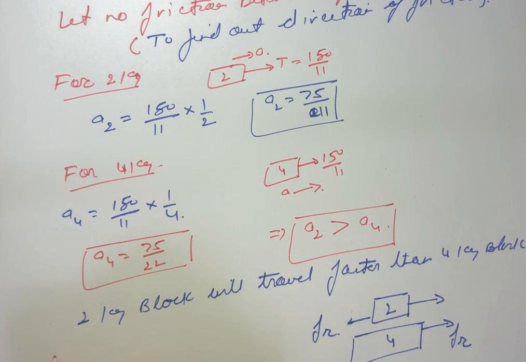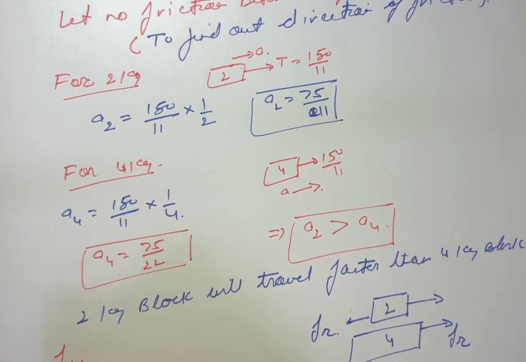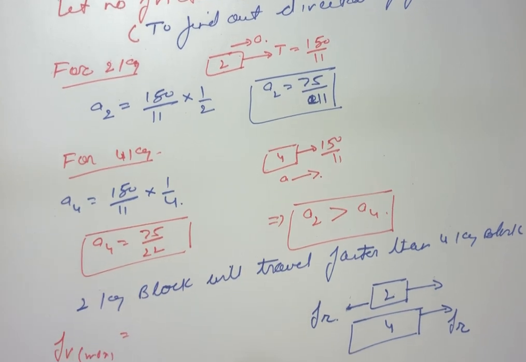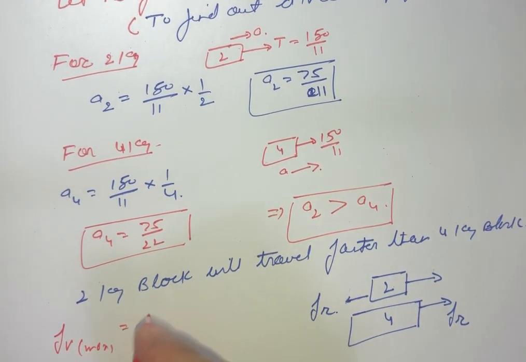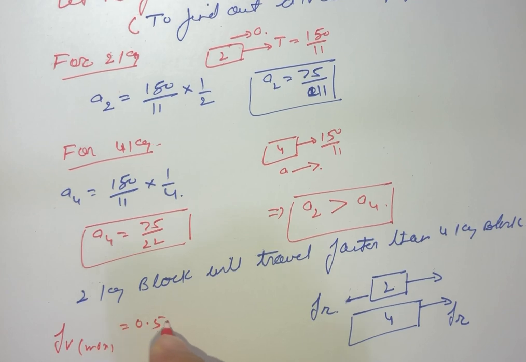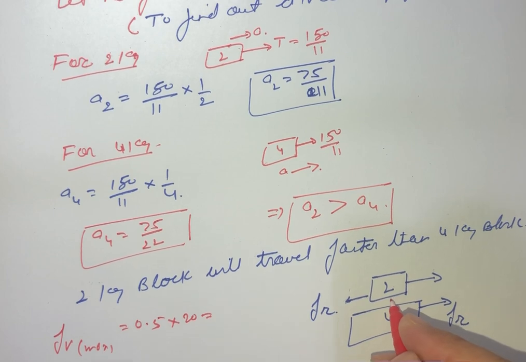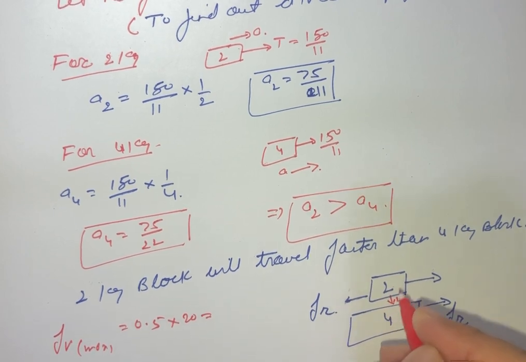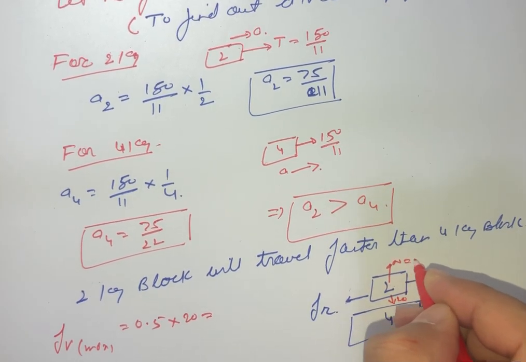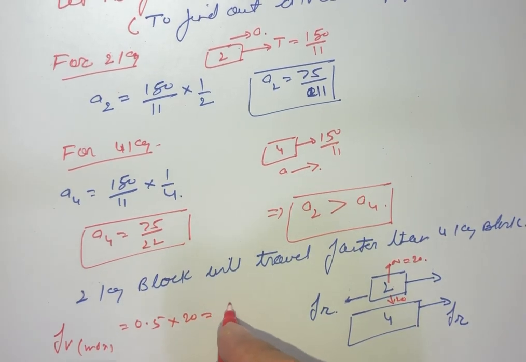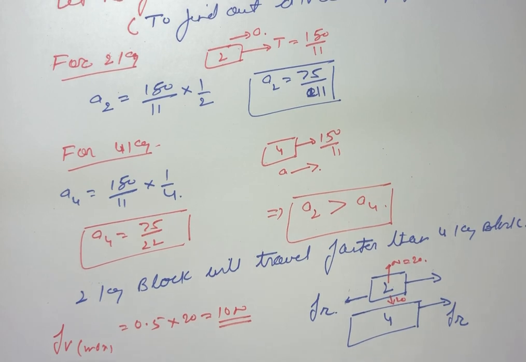We can find out that the maximum friction force Fr will be equal to the coefficient, given as 0.5, times the normal, which is 20 Newton for the 2 kg block. So this comes to 10 Newton.